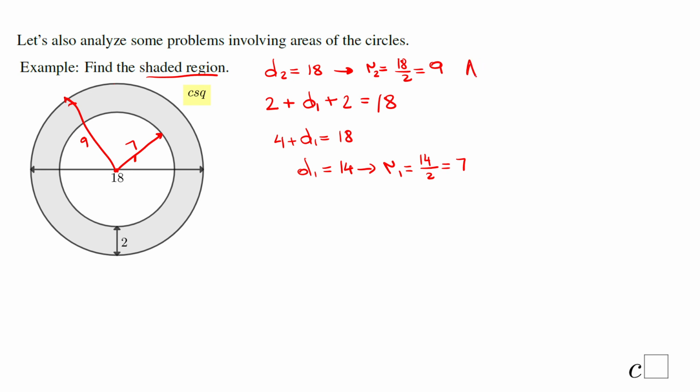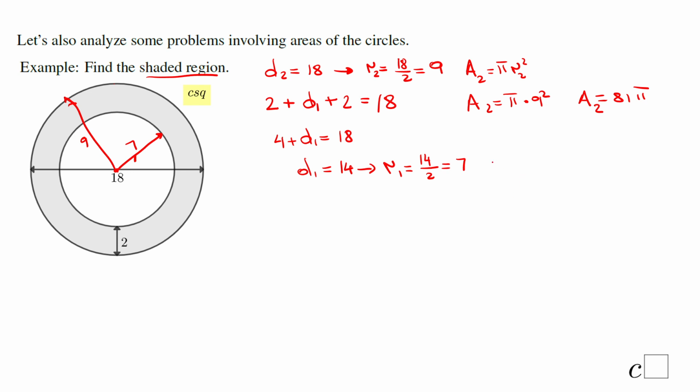In this case, I'm going to call it A2, is going to be pi r squared, R2 squared, and that will be in our case pi times 9 squared, and that will be 81 pi. And this is the area of the larger circle, the one with radius of 9.